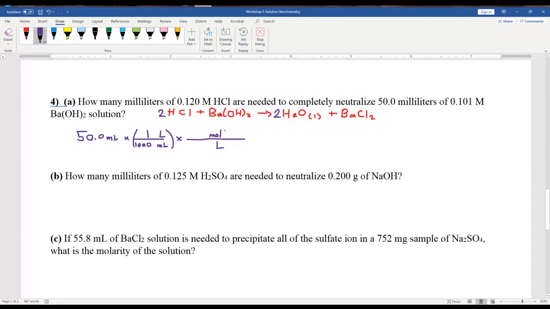By reading the problem. Good. Yes, because I can't start with the molarity because molarity is a conversion factor. So I ended up starting with the 50 milliliters, but the 50 milliliters is of the 0.101 barium hydroxide solution. The 50 milliliters is not of HCl. So I can't write HCl here. I have to write barium hydroxide.